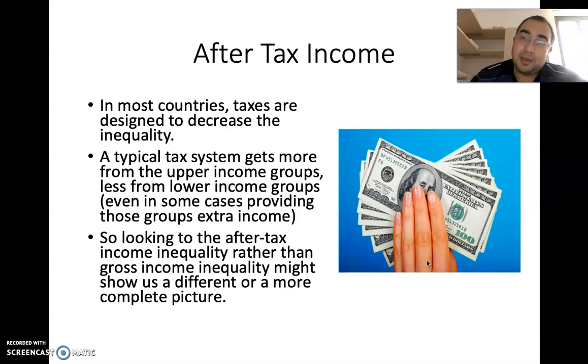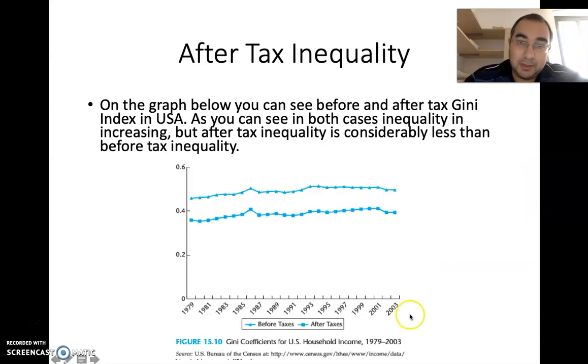So when after tax income is looked at in the United States between 1979 to 2003, you can see that basically inequality after taxation has decreased. This is a Gini index, by the way. In the 1980s, on the graph you cannot see a decrease, but there was a slight decrease actually.